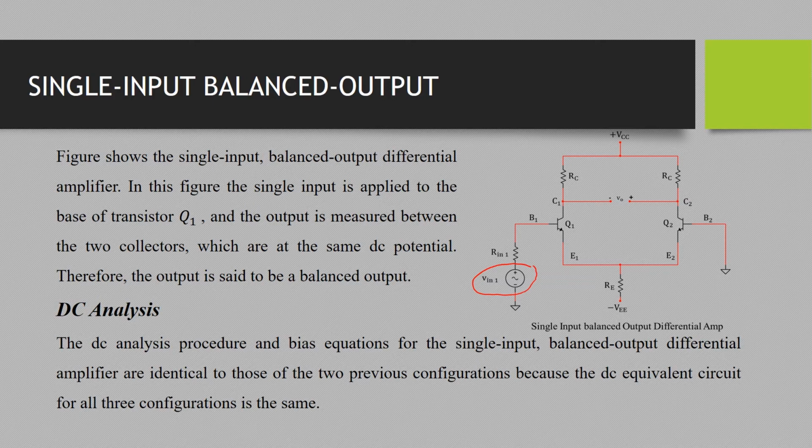Now firstly, we have talked about the DC analysis of this configuration. The DC analysis procedure and bias equations of single input balanced output differential amplifiers are identical to those of the two previous configurations because the DC equivalent circuit for all these configurations is the same.